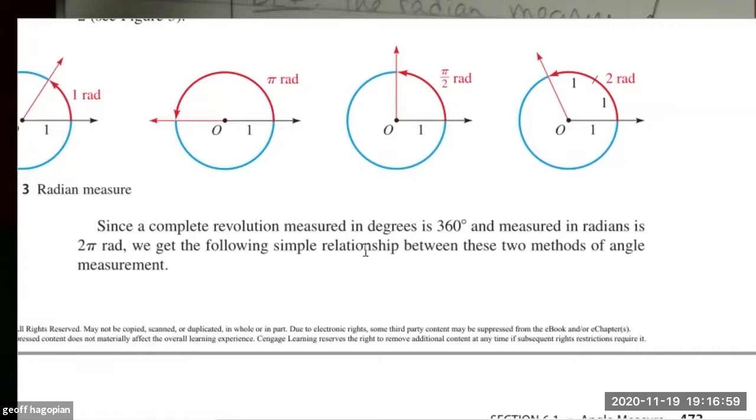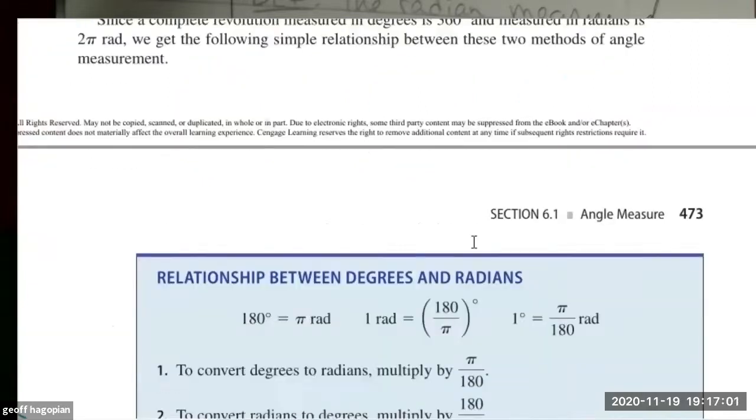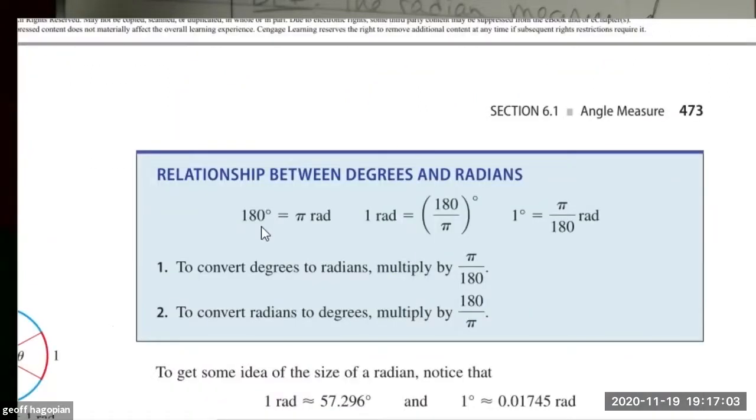And we get the following simple relationship between the two angle measurements, right? That 180 degrees is the same measurement with the unit of radians as pi radians, right? And so the ratio of 180 to pi degrees is equal to 1 radian.